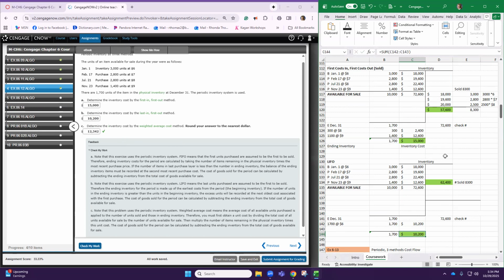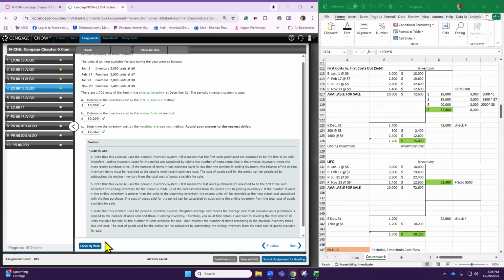Okay, and then now let me double check this one. This one shows 300 at $8 each. This one shows 1,400 at $9 a piece. So I need to show that differently. Now I can focus a little better. All right, so there you have it. This is the explanation of these totals here. So I feel pretty confident that we're good.